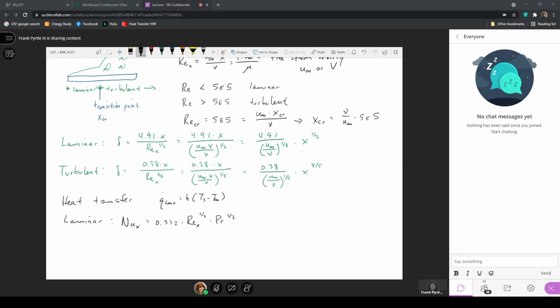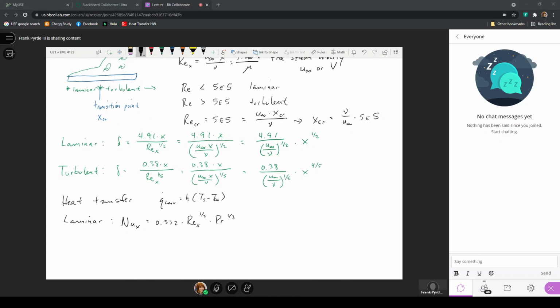The Nusselt number, the Reynolds number, and the Prandtl number, all of those are dimensionless parameters. This expression of the Nusselt number is for flow over a flat plate that is isothermal, so that the temperature over the plate is a constant, and it's considered to be smooth in that the roughness of the surface doesn't have to be considered.